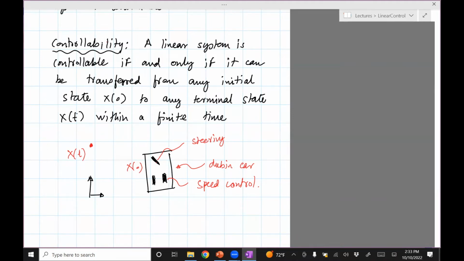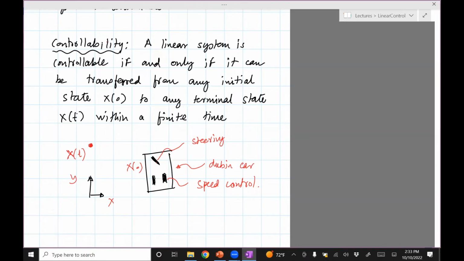It's not really talking about how much acceleration or how much speed you can achieve, or how much steering. It's very broad, so you don't really have to consider the limits on the speed and steering. Now, it's maybe easier to understand this concept if you think about when the system would be uncontrollable. Let's say that I remove the steering from the system. Now I cannot steer, I can only go straight. In this case, if I want to go in 2-dimensional space to this point, I just cannot reach there because now the system can only travel straight.